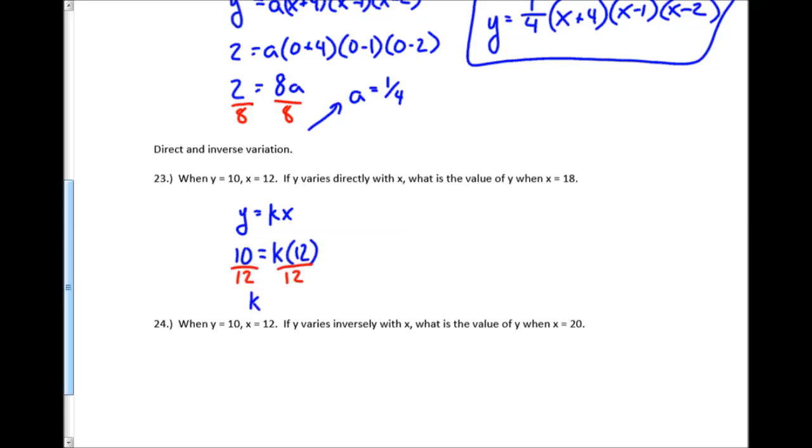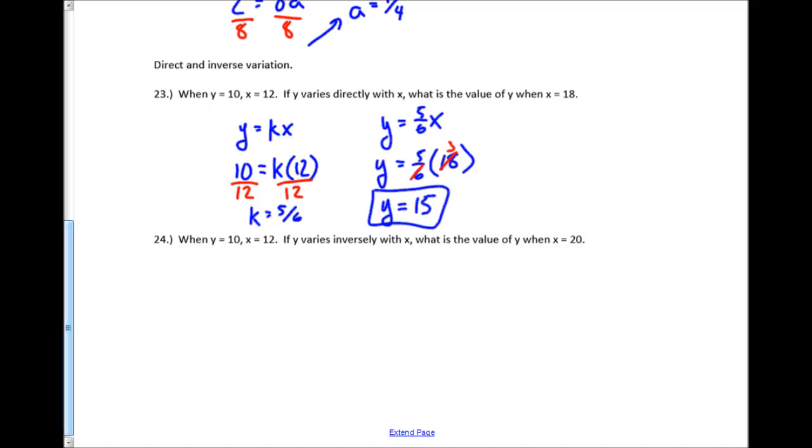So I find out that k equals 5/6, which means I'm dealing with this equation, y equals 5/6 times x. And then it says, what's the value of y when x equals 18? So I just simply plug in an 18 here for x to see what y is going to equal. And when I do that, I can reduce a little bit. Each of those is divisible by 6, really. So that's a 3/1. So I find out that y equals 15. And that's it.